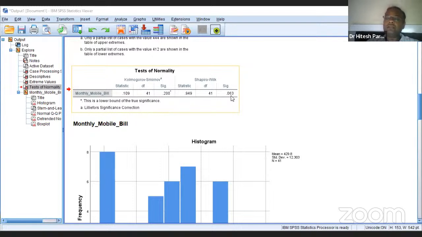The distribution is normal. So here we are confirming that the data or the distribution is normal. Our conclusion is that the data are normally distributed. So how do you confirm normality for any variable? Look at the p-value. If it is greater than 0.05, confirm that it is normally distributed. Is it clear?